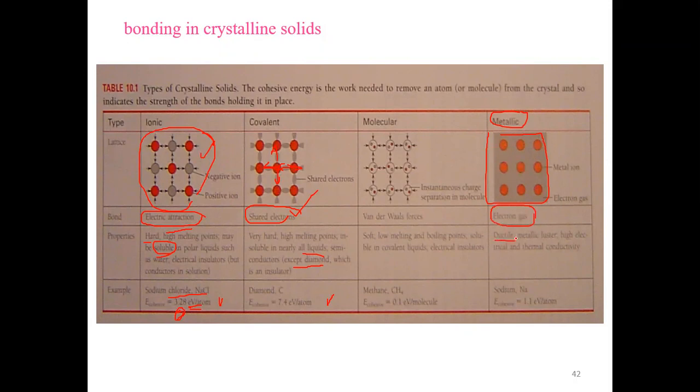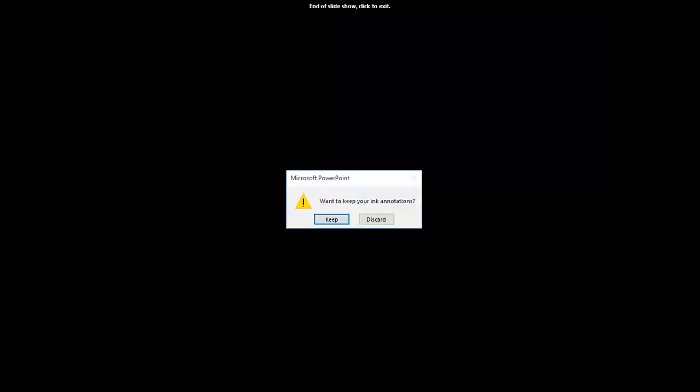That means you can give them any shape. They are ductile and metallic, and their surfaces are shiny, that means luster, with high electrical and thermal conductivity. For example, sodium, and the cohesive energy is 1.1 electron volt per atom. So that's all about our bonds.